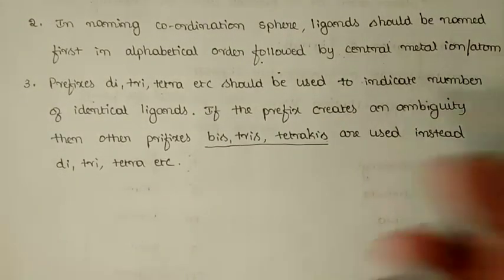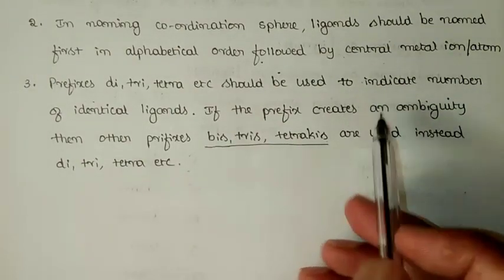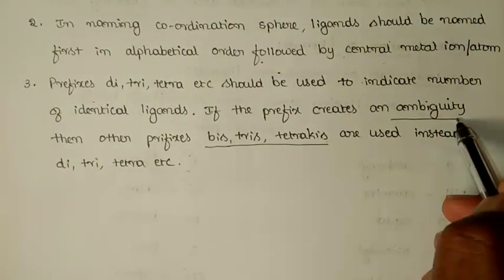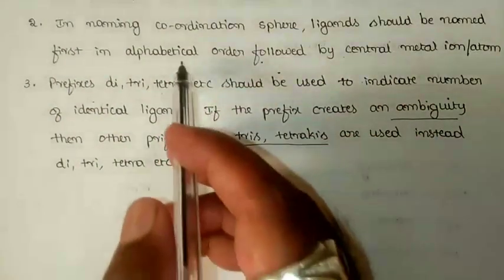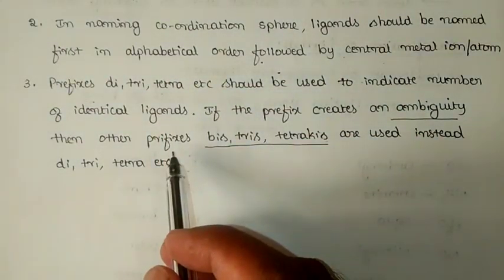Like that, we can use the other prefixes if there occurs an ambiguity. So these are the two other rules, rule number 2 and rule number 3, we are supposed to follow.